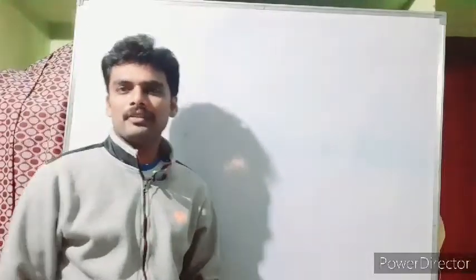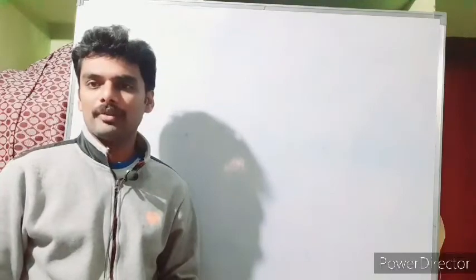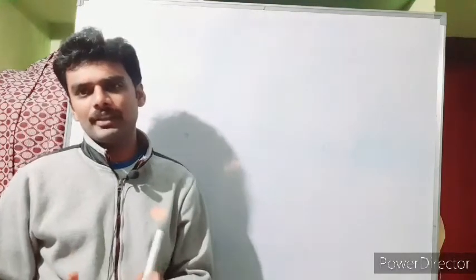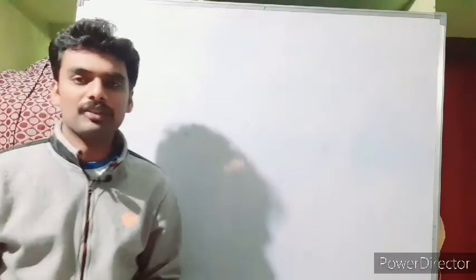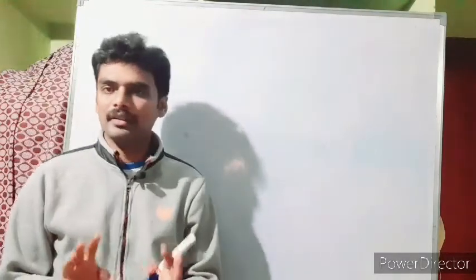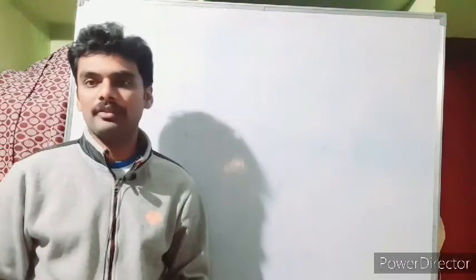Hello students, let us continue the discussion on units and measurements. As I said in the beginning, this chapter, the second chapter, units and measurements, basically has three parts in it: units, measurements, and dimensions.